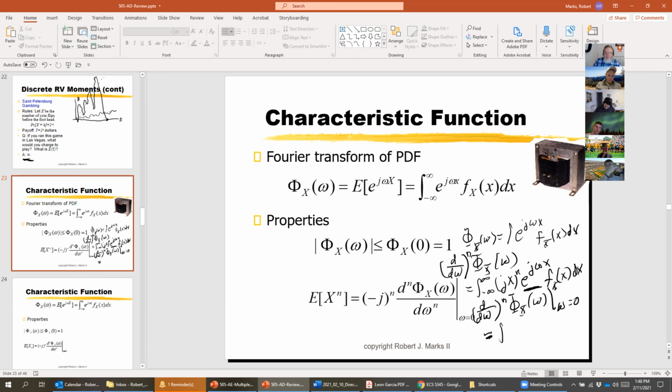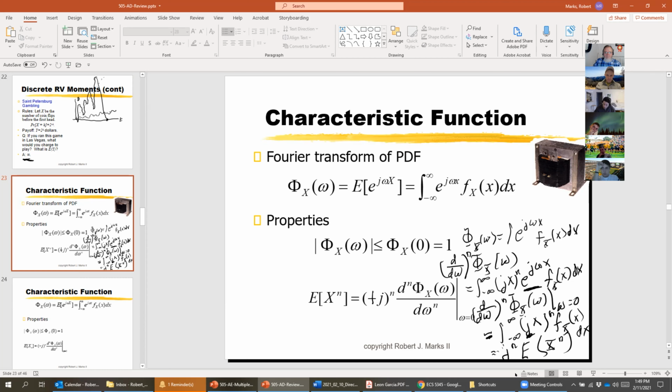And we're just left with the integral from minus infinity to infinity of jx to the n times f sub x of x. And you'll notice, except for the j here, this is the nth moment. It looks like this should be a plus j, by the way, according to my derivation here. So this is equal to, we bring the j to the n to the outside, and what's left in the integration is nothing more than the expected value of x to the n.